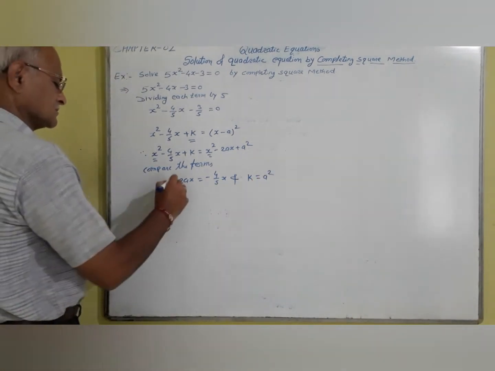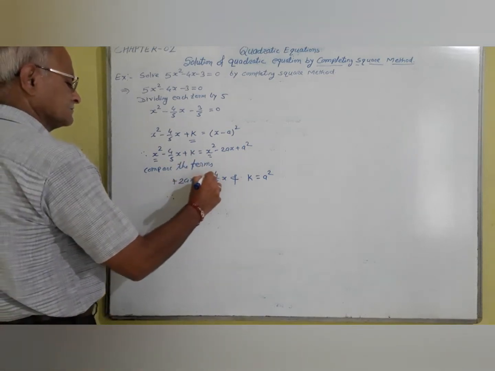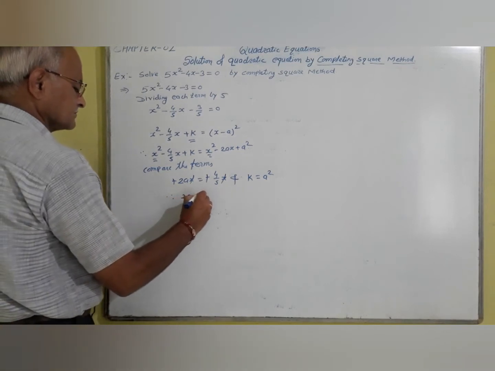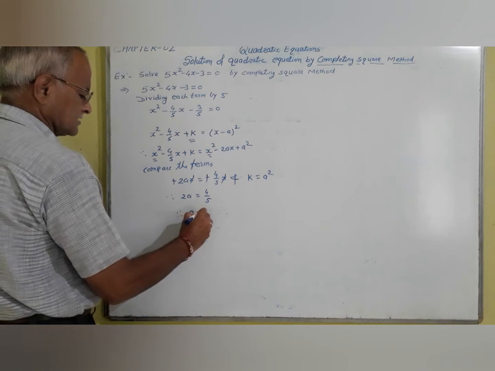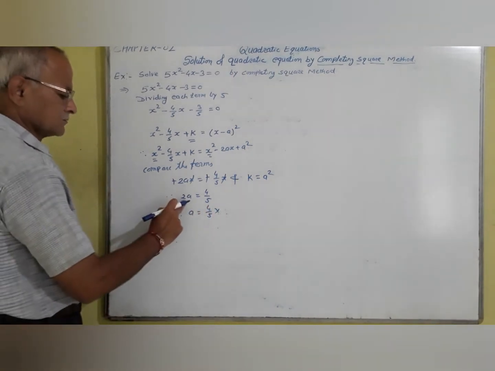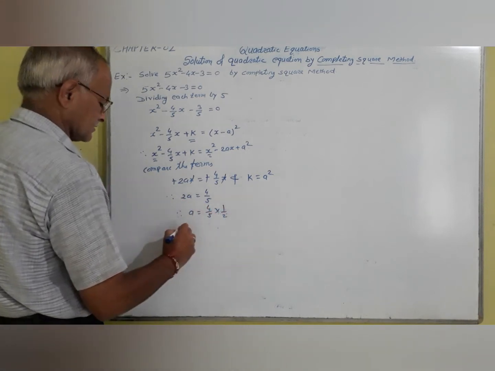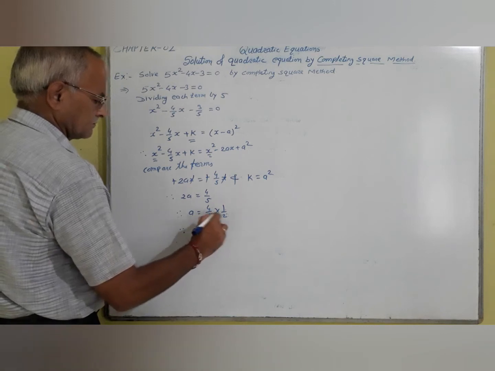Therefore, minus and minus become plus, x and x become cancelled. Therefore, 2a is equal to 4 upon 5. Therefore, a is equal to 4 upon 5 divided by 2. To divide means to multiply by the reciprocal. Therefore, a is equal to 4 upon 10.